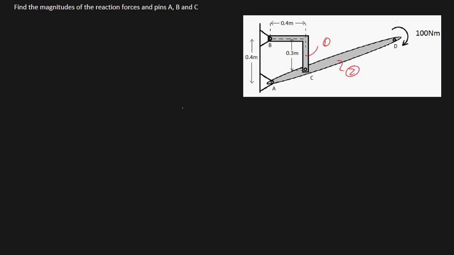Okay guys, let's first start by creating a free body diagram of our first object just here, the rectangular looking one. Remember, pin B is in fact a pin support, which means that our reaction force is going to be split into both horizontal and vertical components.